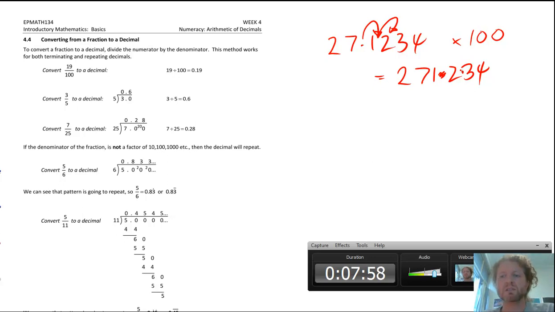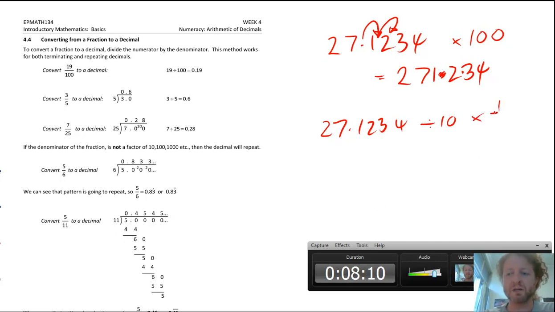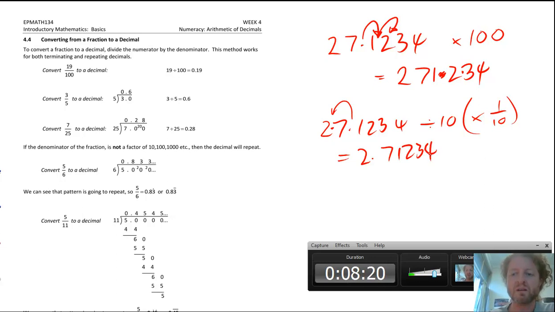So now it's 2712.34. Same with divide by 10. That number divided by 10. Divide by 10 is the same as times by a tenth. It doesn't matter which you say. It still just makes it smaller by 1 move. It becomes 2.71234.